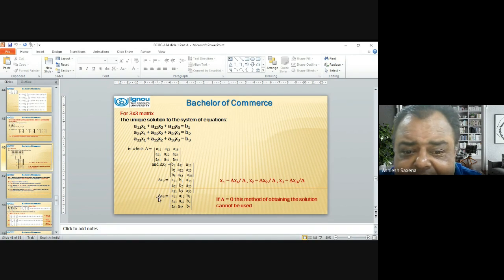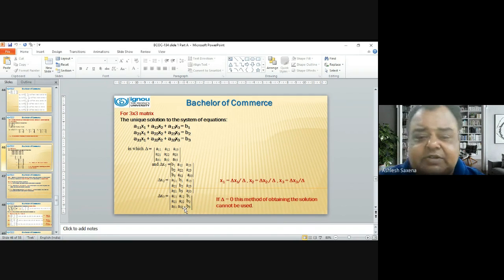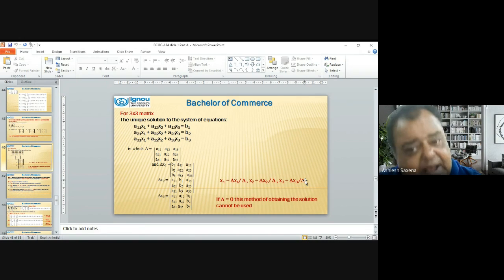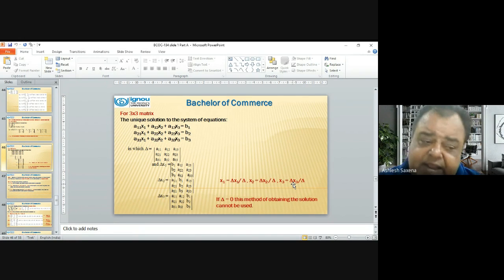And similarly for delta x3, I will be replacing these three by these. Got it? Same method has to be performed. x1 is equal to delta x1 by delta. x2 is equal to delta x2 by delta. x3 is equal to delta x3 by delta. Again, if we get delta equal to 0, we cannot find out the solution.